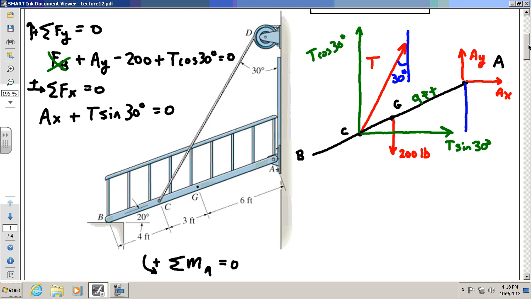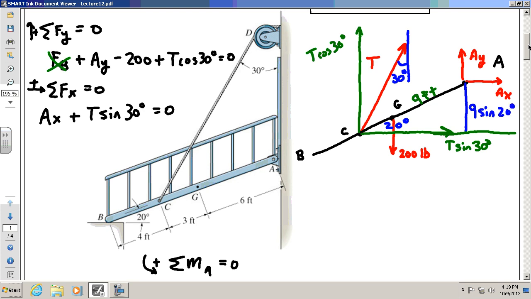Let me just extend the green line here so you can see what I'm talking about. That perpendicular distance of this blue line is not 9 feet. It is 9 feet times the sine of 20 degrees, because this ramp is at an angle of 20 degrees here. You can see that in your picture. So that blue line there is 9 sine 20.